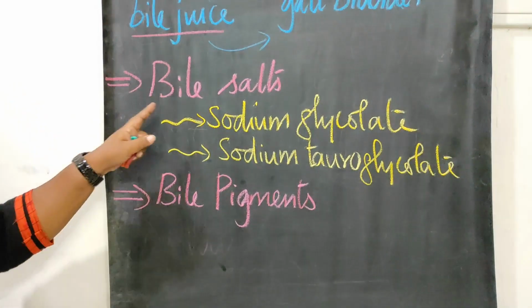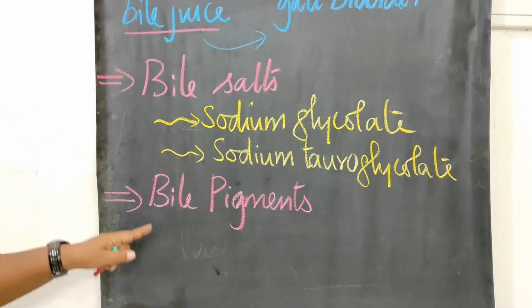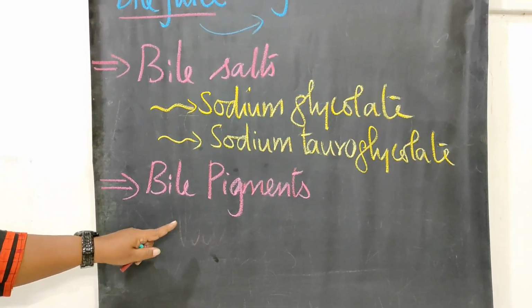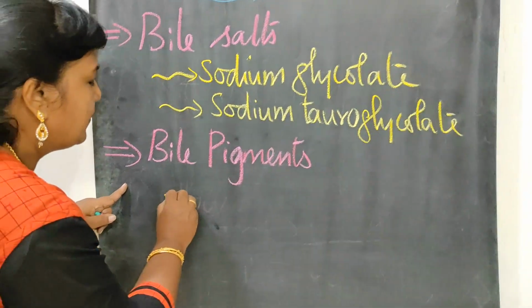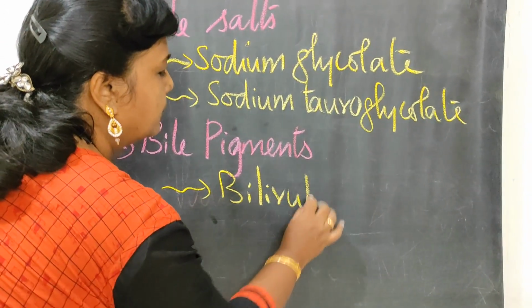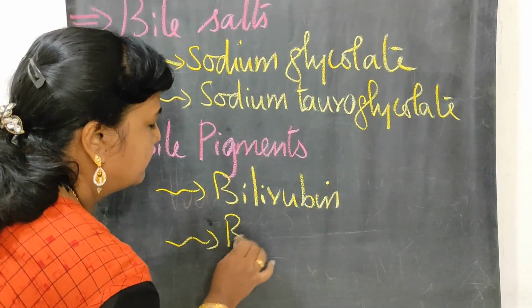So what are bile salts? They are sodium glycolate and sodium taurocholate. Now coming to bile pigments. What are bile pigments? They are bilirubin and biliverdin.